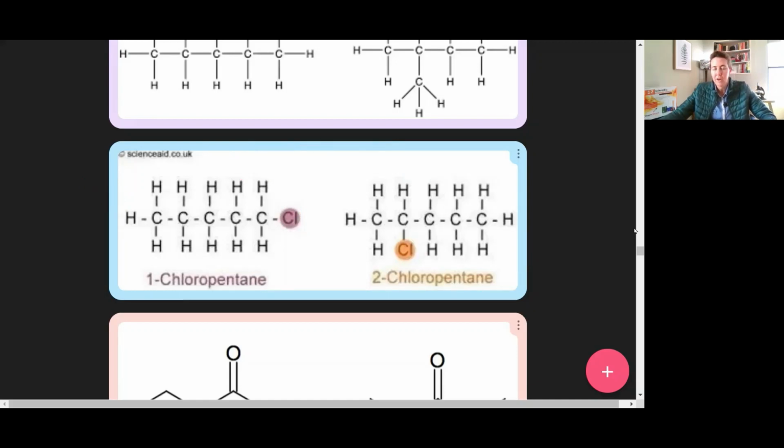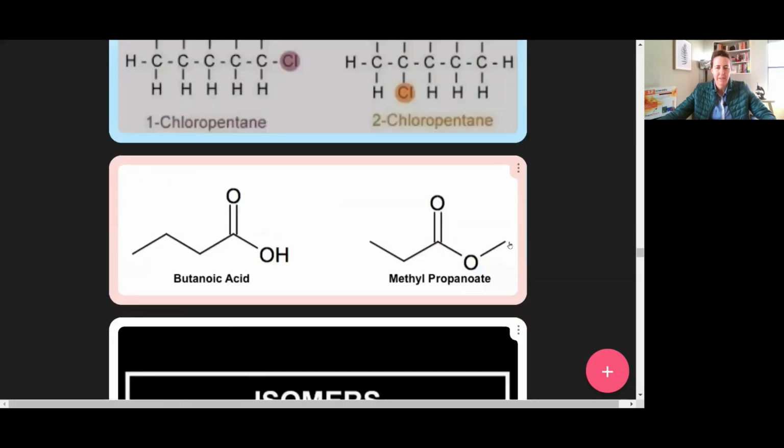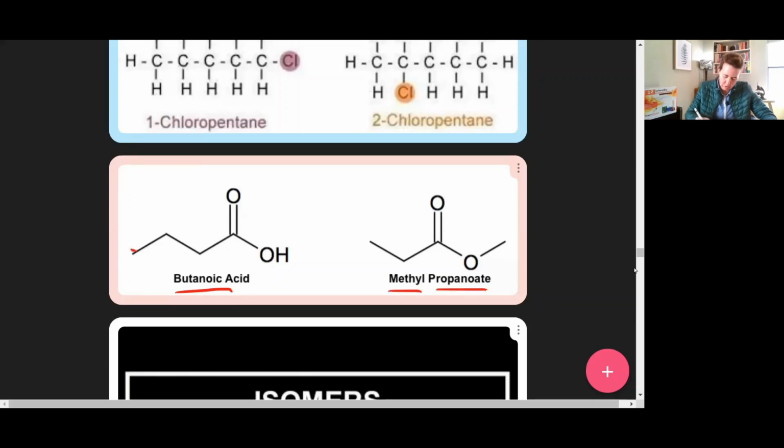Can you think of functional isomers of each other? Here we go. We've got butanoic acid and methyl propanoate. They both have 1, 2, 3, 4 carbons in this case as well.